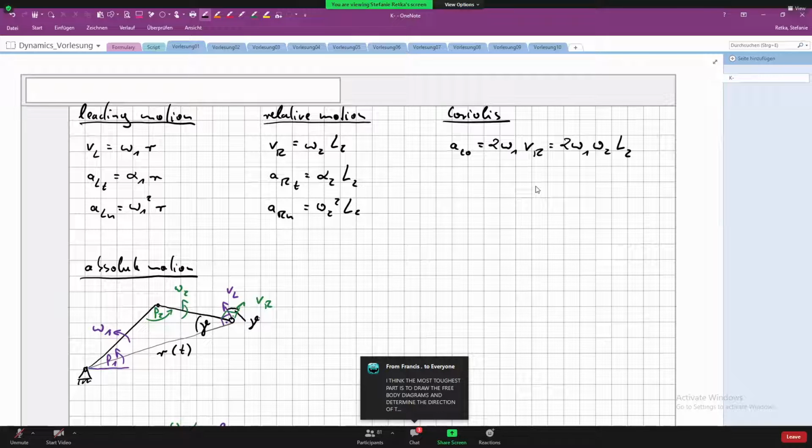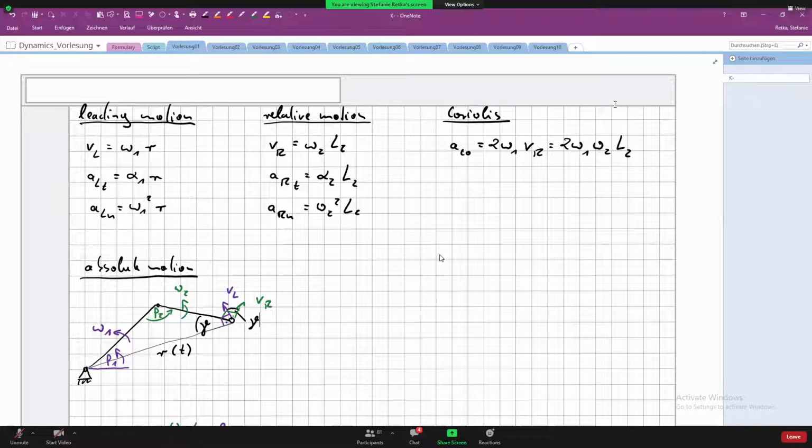Well, yes, but we are not talking about forces yet. We are only talking about velocities and accelerations. But yeah, if you're able to draw your diagram correctly, including velocities and accelerations, then it's simple. Our velocities on a circular motion are always perpendicular to the radius, tangential to the path.